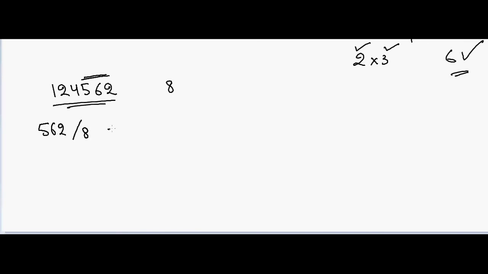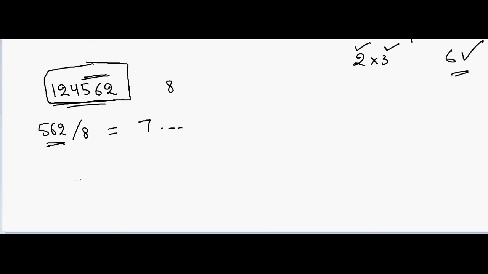If we divide it by 8, I can see that we get 70 and something which is not divisible by 8. So this number is not divisible by 8, so this whole number should not be divisible by 8.